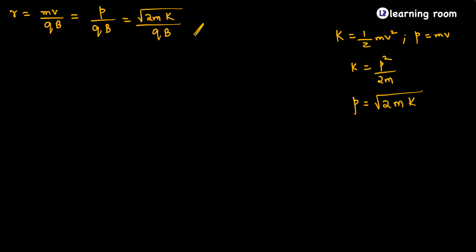Instead of mass and velocity, if they directly give you the linear momentum, use the second one. If they speak about kinetic energy in the problem, then use the third one. But remember, all the three mean the same. Okay. So this is going to be the radius of the circular path, when the charged particle is projected perpendicular to the uniform magnetic field.